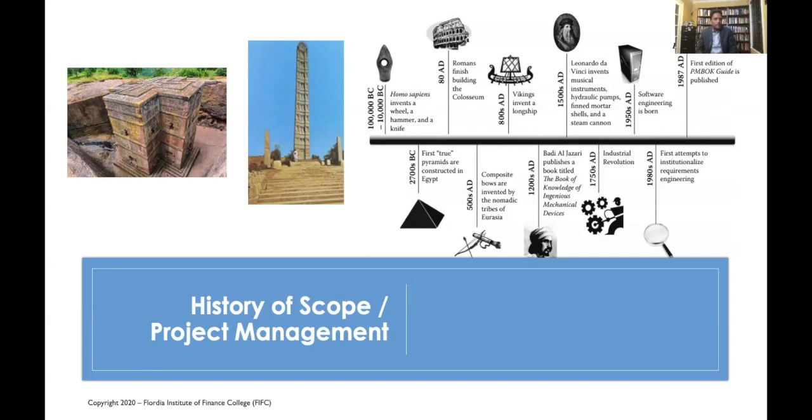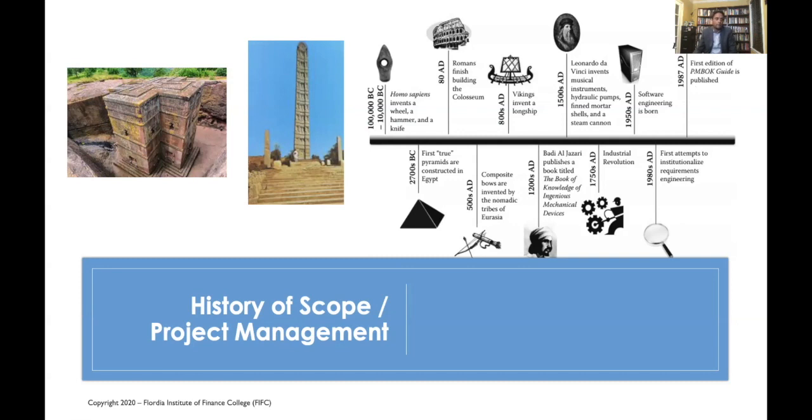This is just to give you an idea of where projects started and how the management of projects started, because once the PMBOK was developed, you start to see some improvements in the rate of project failure and in how we manage projects. Okay, enough about the history and about why scope management is important.